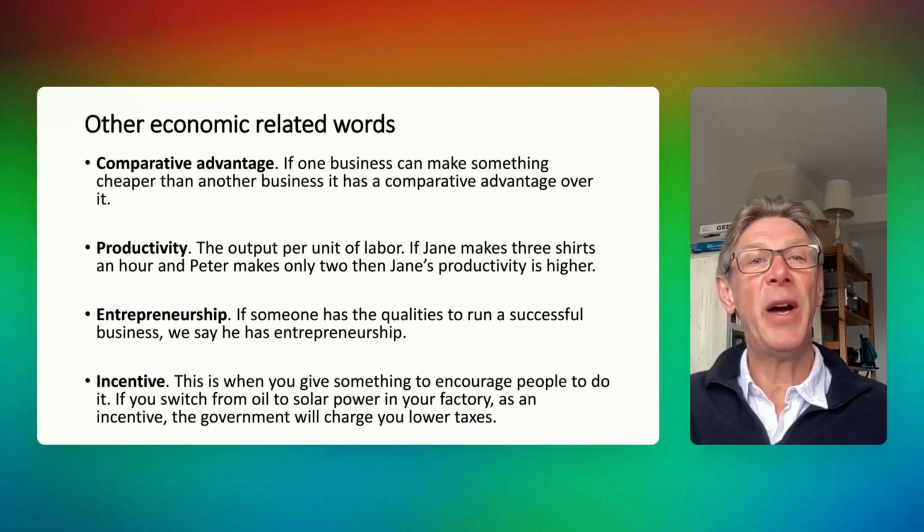The advantage you have is that in Myanmar, you can hire people to make shirts for you. Your labor is very cheap. In the UK, it's very expensive to hire somebody. People's salaries are very high.